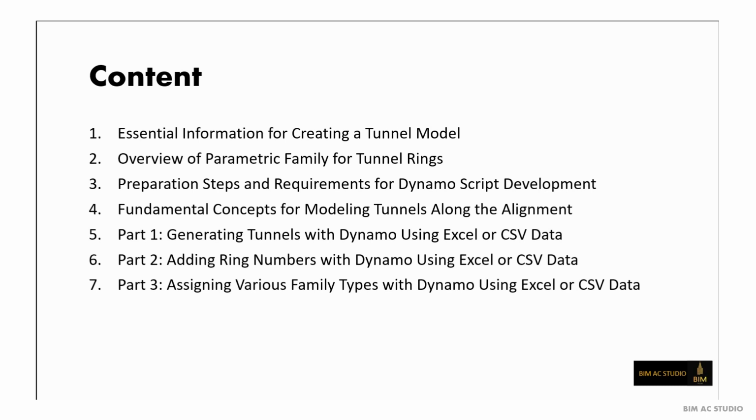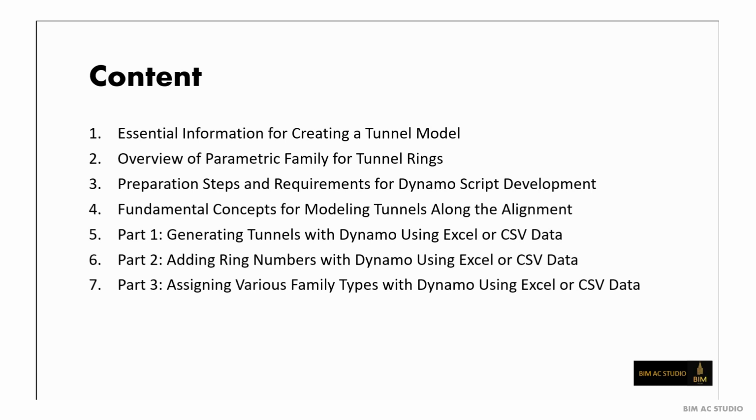Today's content will start from the initial information for creating a tender model to the very end of part 3, assigning various family type. Content number 1 is essential information for creating a tender model, and content number 2 is an overview of parametric family for tender rings. Content 3 explains the preparation steps and requirements for Dynamo script development, and content number 4 is the fundamental concept for modeling tender along the alignment.